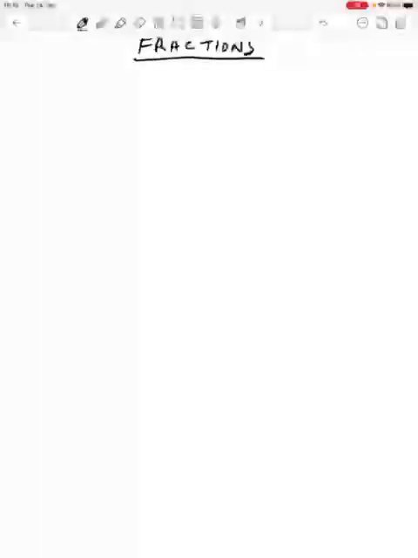Fractions, we will only do plus and minus, then we will do multiplication and division. Now, additions and takeaway, there are only three types of fractions, and we'll go through them.